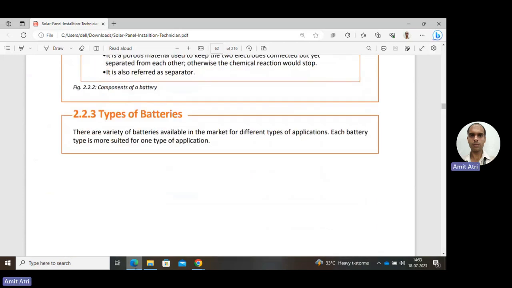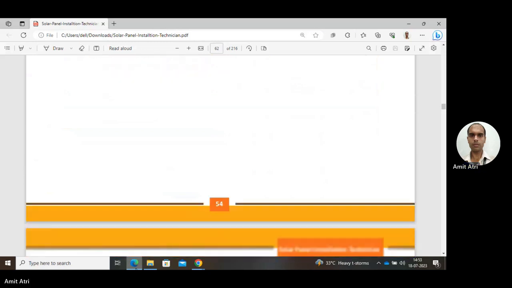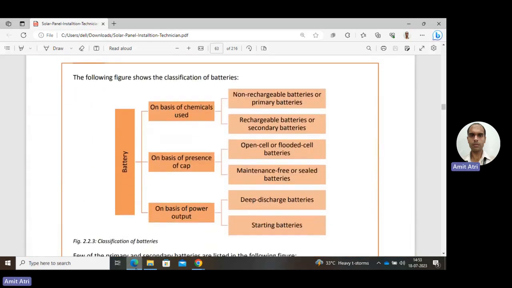Now coming to the types of battery. We can classify batteries on the basis of chemicals used, on the basis of presence of cap, and on the basis of power output. We will be discussing each type in brief. The first is on the basis of chemicals used: non-rechargeable batteries or primary batteries, and rechargeable batteries or secondary batteries.